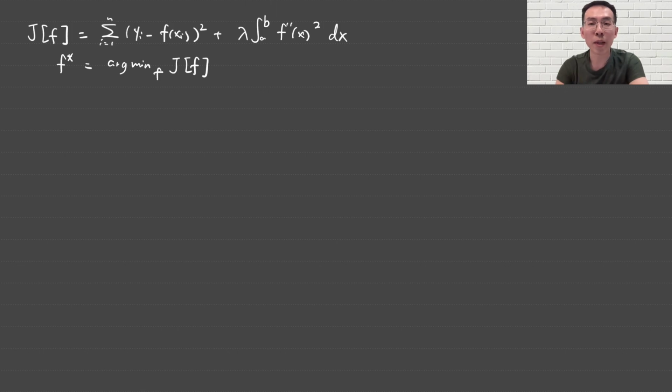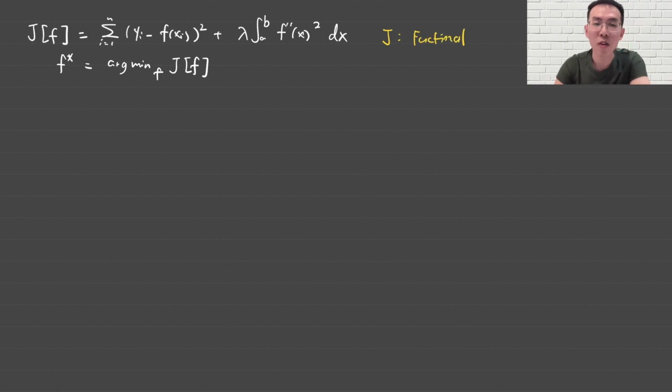Okay, so the main goal of today is to solve this optimization problem directly, where I just rewrite this in a slightly different form, where I define J of f, where J is something called a functional.